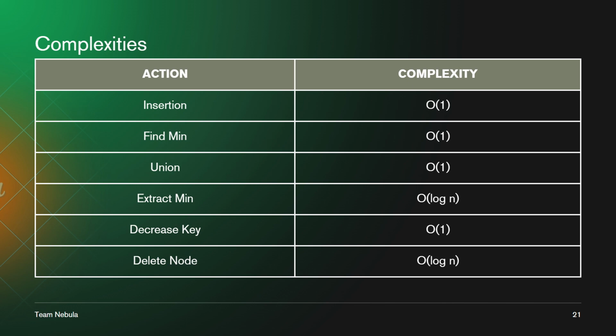In summary, Fibonacci heaps are designed to perform most operations very efficiently. Operations like insertion, finding the minimum, and merging heaps are lightning fast, while more complex operations like extracting the minimum or deleting a node take a bit more time but still offer efficient performance.